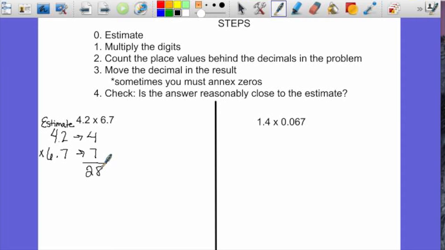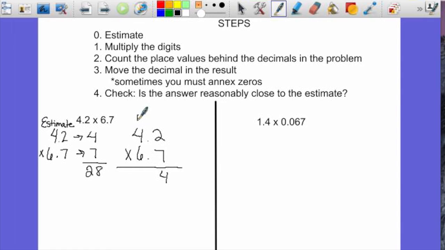And now we're ready to actually just go ahead and multiply the digits. So 4.2 times 6 7/10. Did you hear me read that wrong? That's okay. So 4 2/10 times 6 7/10. So now 7 times 2 is 14. Carry the 1. 7 times 4 is 28.